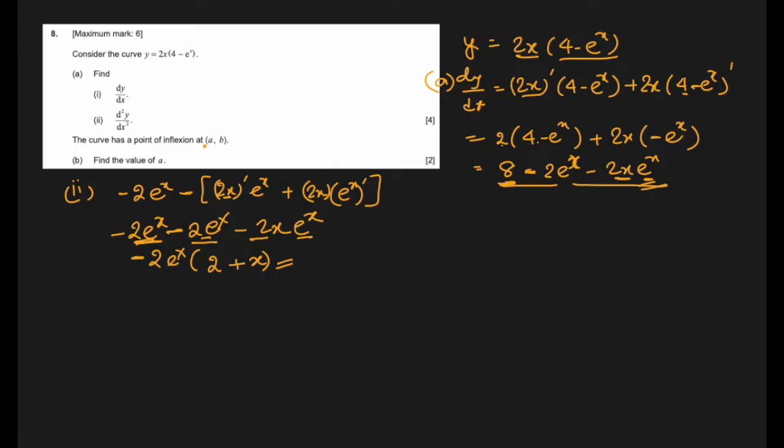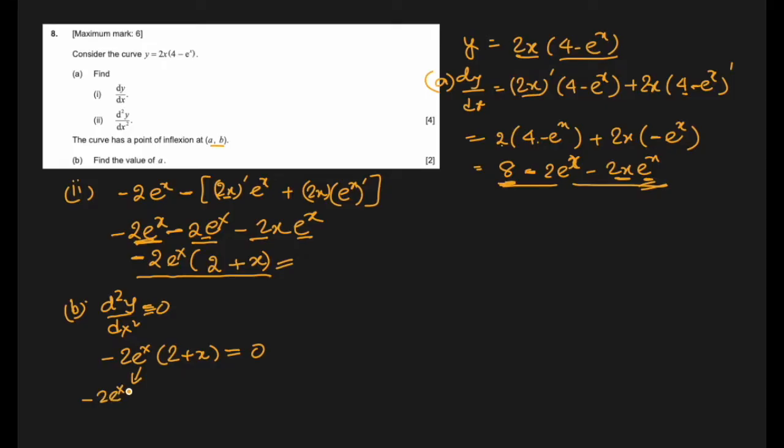The curve has a point of inflection (a, b). Find the values of a and b. Point of inflection is when the second derivative, d²y/dx², is 0. That means at the point of inflection concavity changes. The rate of change changes. And for that this has to be equal to 0 because this is the second derivative. Minus 2e^x(2 + x) equal to 0. So it has two factors.